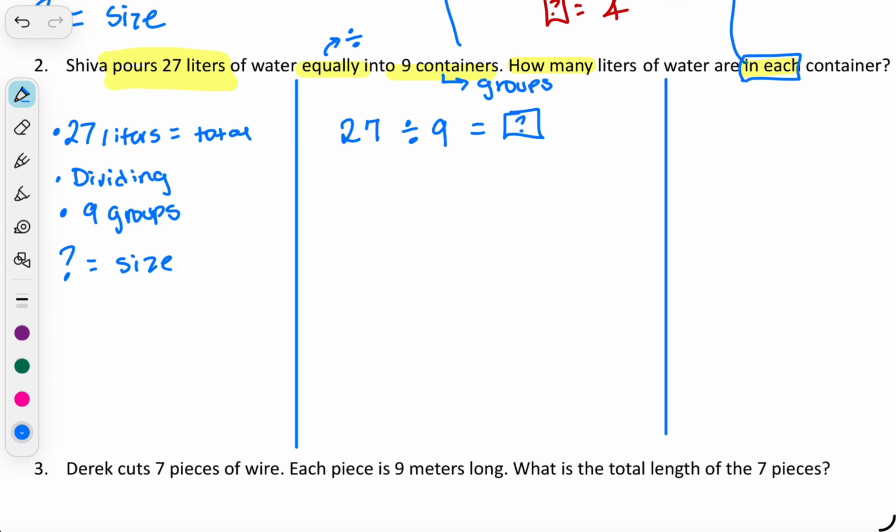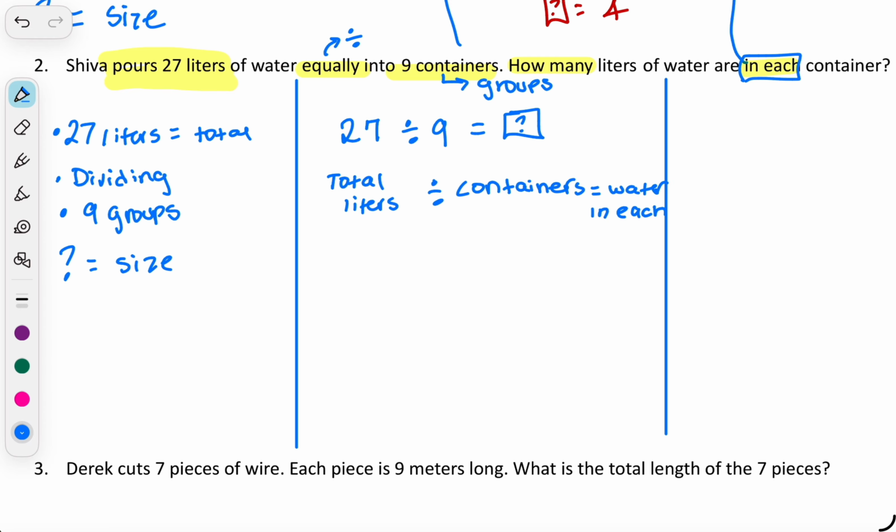So we're going to do the total liters divided by containers is going to equal water in each. Water in each. Okay, so now that we have our numberless equation, let's get into our numberless model.